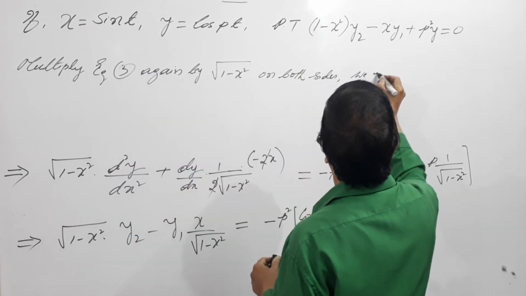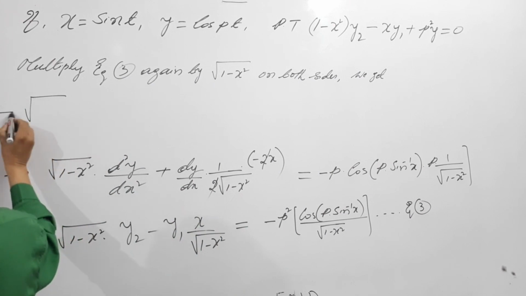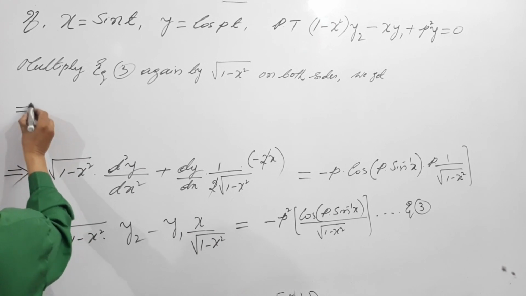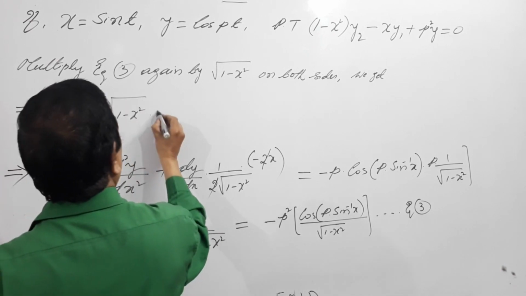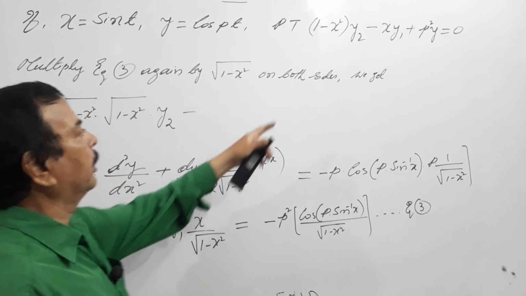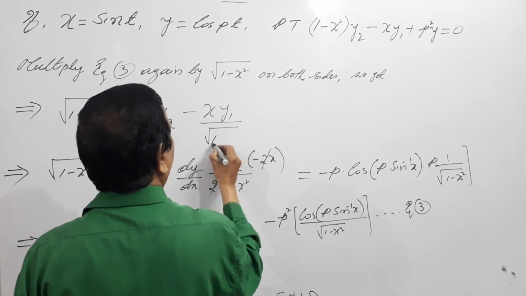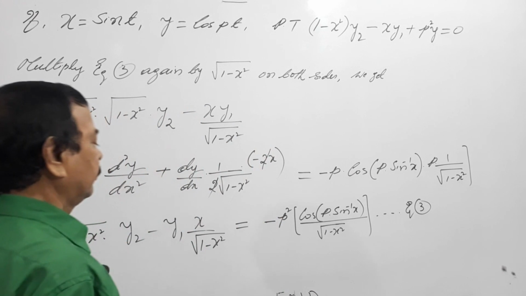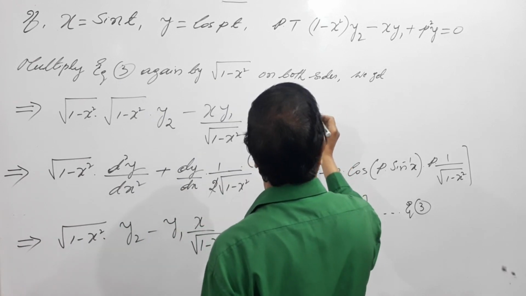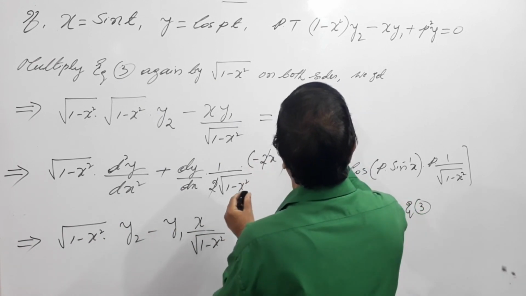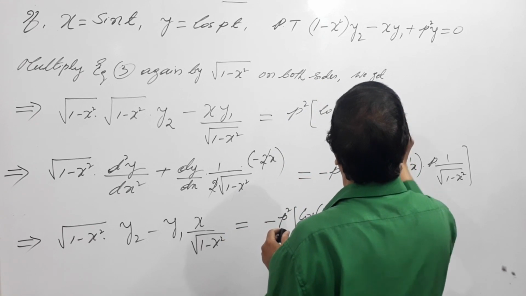We get 1 minus x square into y2, and I want x y1, so I will interchange this x y1 by root 1 minus x square, equals minus p square into cos of p sine inverse x.